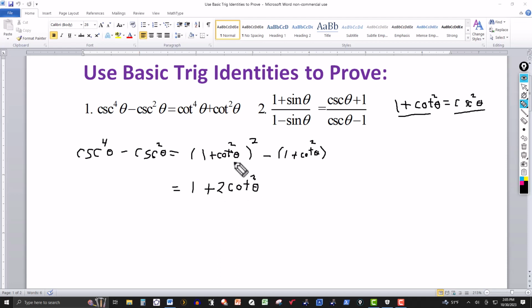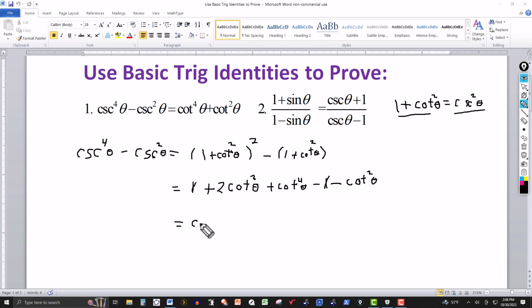And then I square the cotangent squared, which gives me a cotangent to the fourth theta. Now for this part, I just distribute the negative, so that's going to be a minus 1 and a minus cotangent squared theta. I got a 1 here and a minus 1 here. That cancels out.